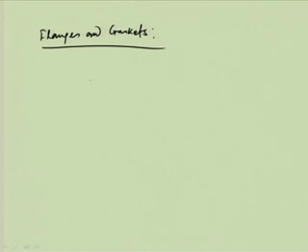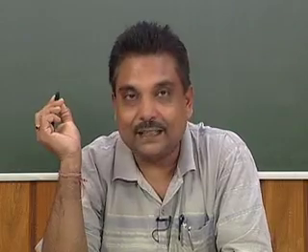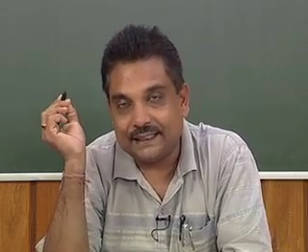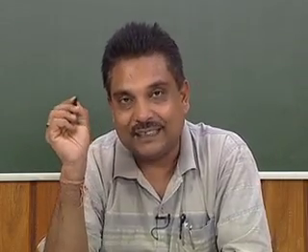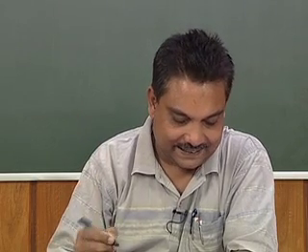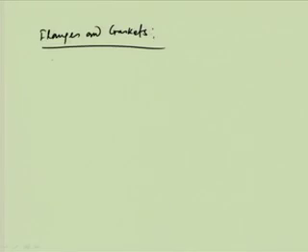What is a gasket? A gasket is some material which is placed between flanges to make the system leak proof. So, typical gaskets are used to make leak proof arrangements.